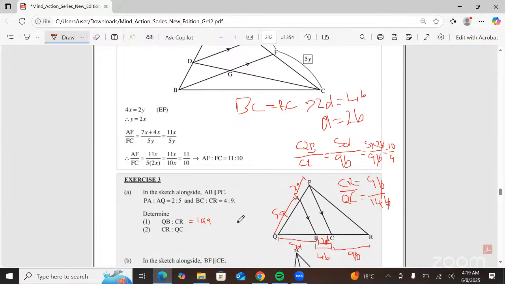Okay, this cancels out. Therefore, this one is 9 is to 14. Then you are done.